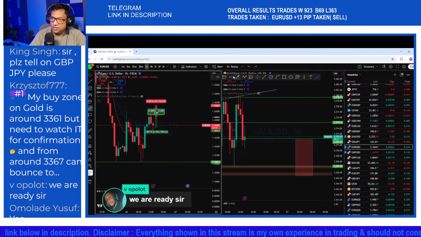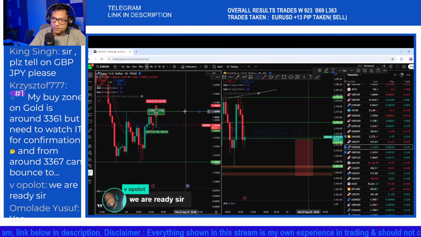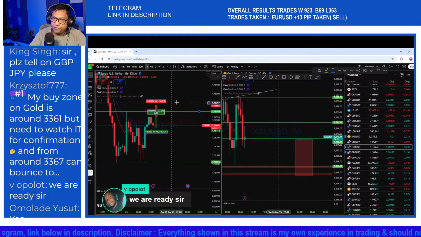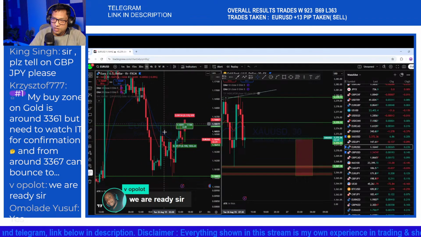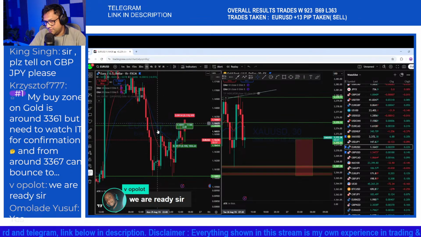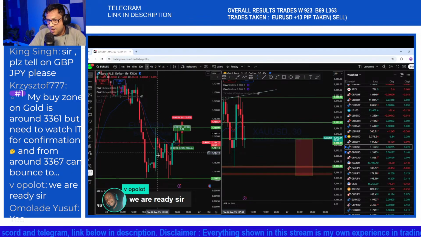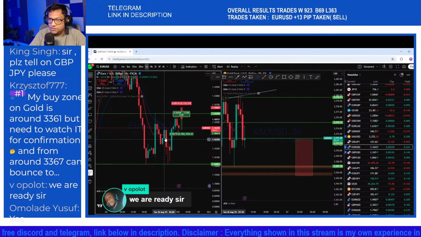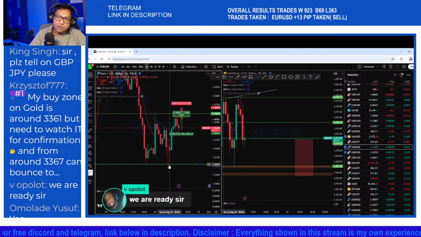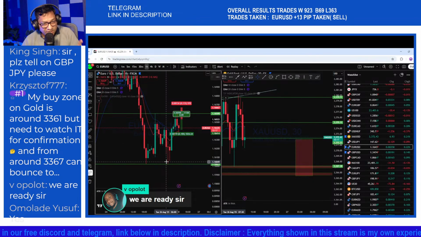This is nearly 2 ATR or even more, this green candle. And from that ATR candle, the market later dropped back to this daily support.